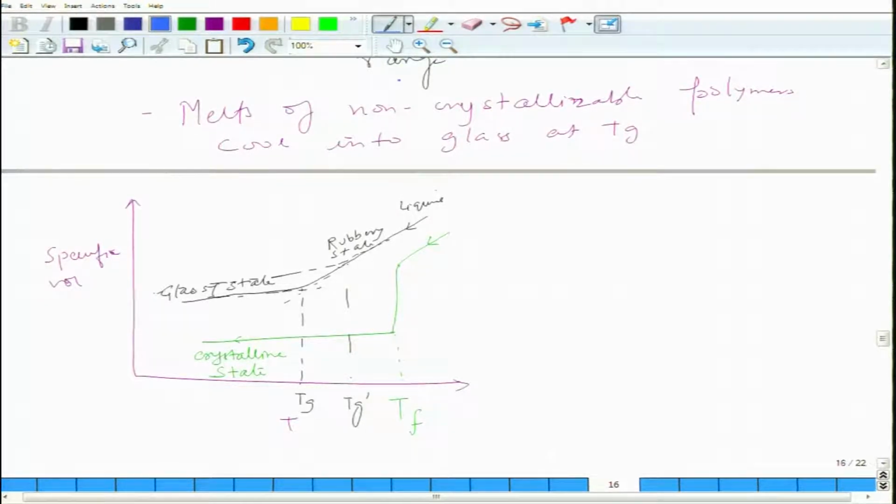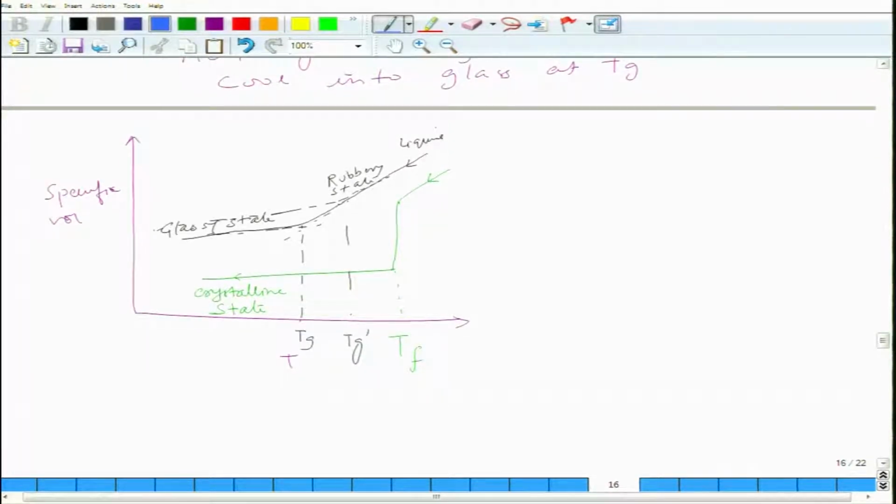So let me just give the salient features of these different states. Well below Tg, amorphous polymers usually are hard, stiff and glassy.